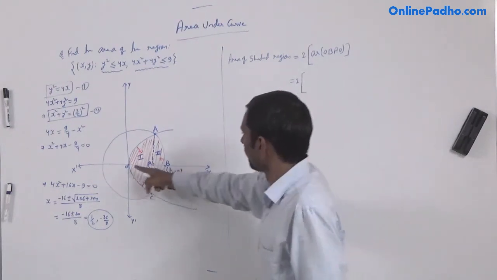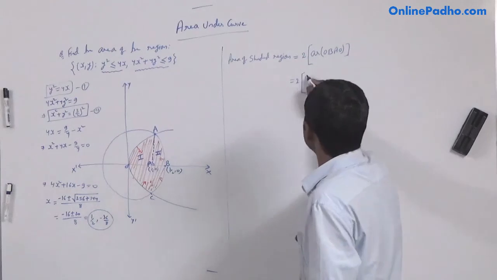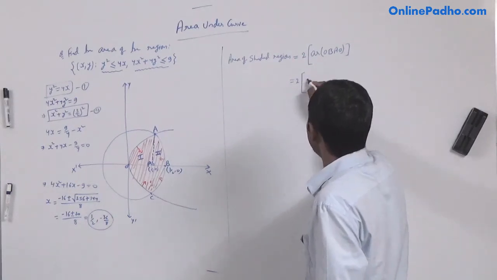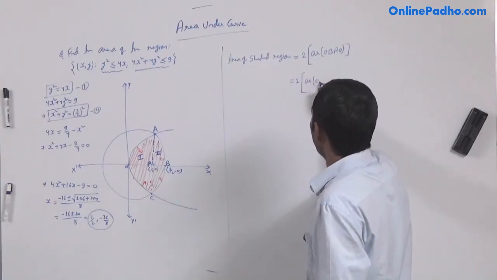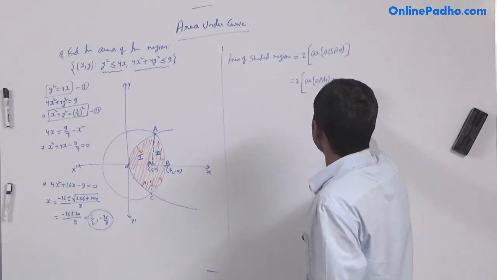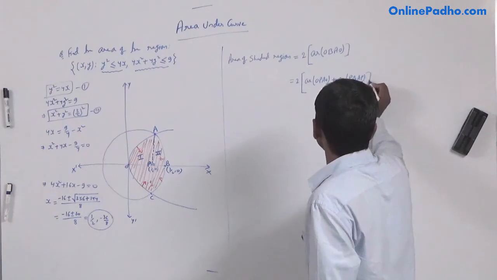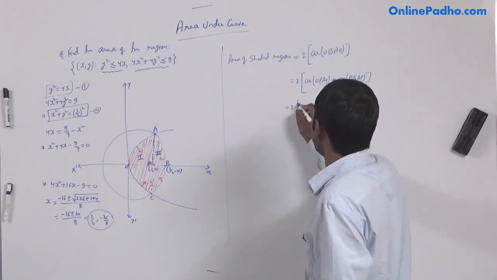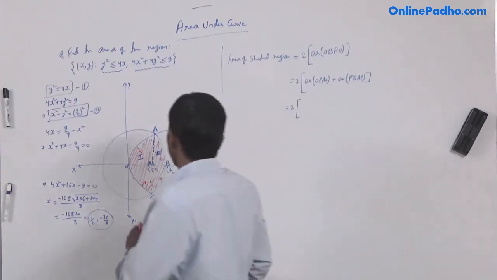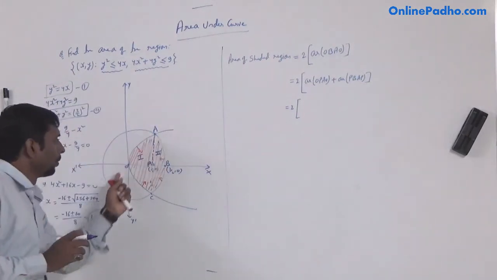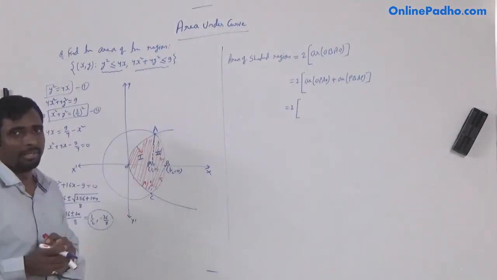We can split the area of OBAO into two parts. The first part is the area of the region OPAO plus the area of the region PBAP. Right? So now we can find the area of the first part, OPAO, and PBAP.